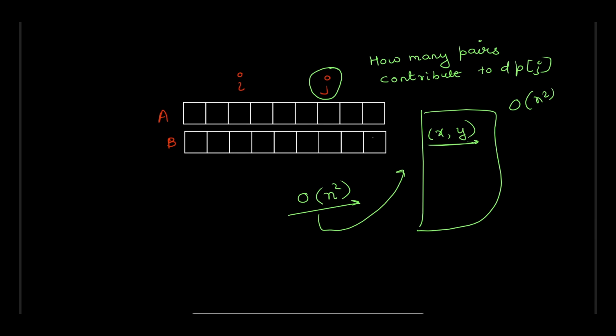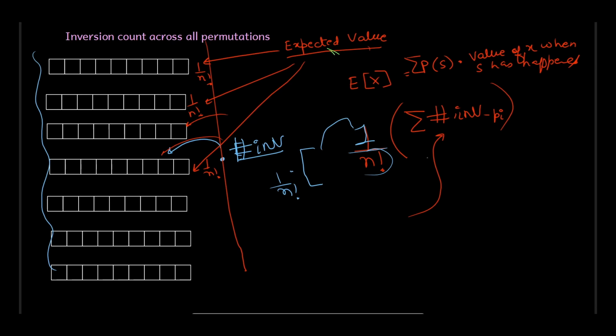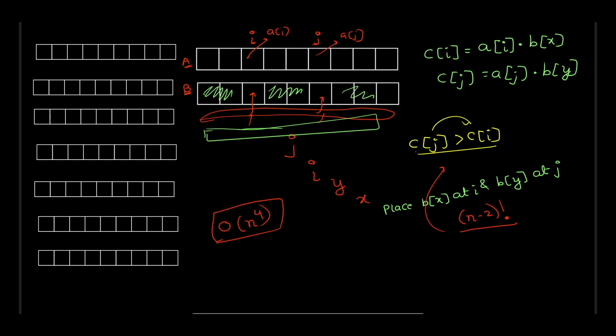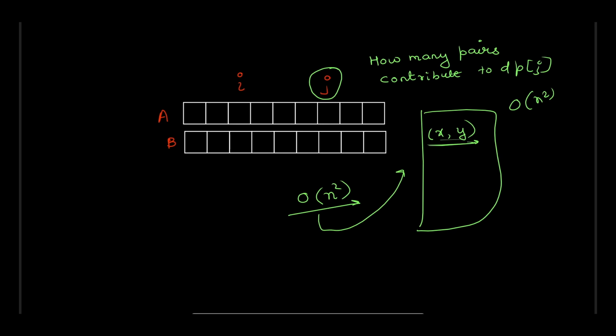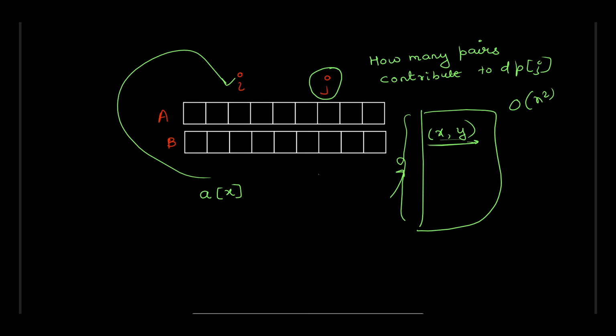But this time, notice that previously we said that each pair, whether or not it would contribute, that was already decided based on whether the first element of the pair is greater than the second element of the pair. But this time it's not that simple, because you need to have this entire pair, and then you need to figure out if you are placing, like let's say a of x over here, and you are placing a of y over here, then that pair will only contribute to the inversion if the ci that it creates, what is the ci that it creates?